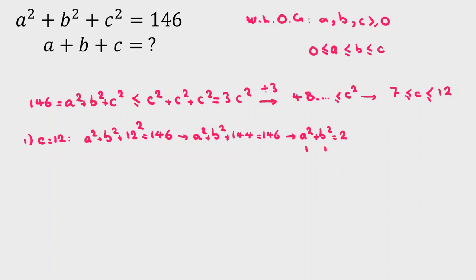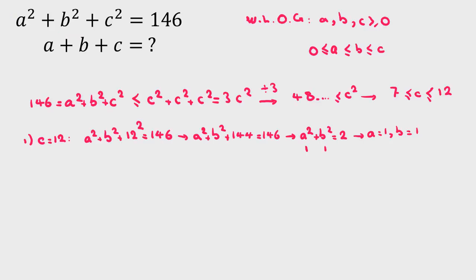So both of them should be 1. A is 1 and B is 1. So here let me write in another page our answer ABC: 12, 1, 1, and at the end we consider all negative and positive of these cases.